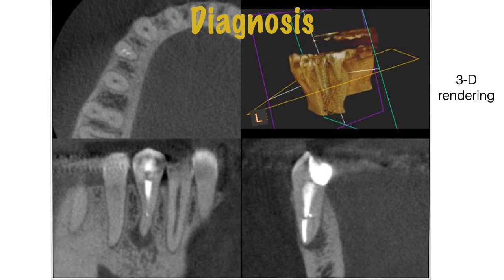In the axial view here, we see a more buccal and a more lingual canal. So the lingual canal started to be filled, and it wasn't, and enough bacteria was left behind to cause persistence of the apical periodontitis.